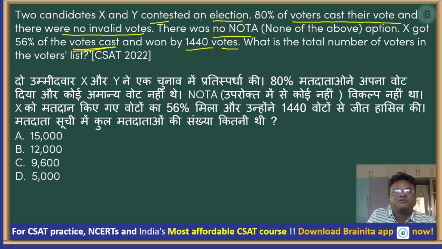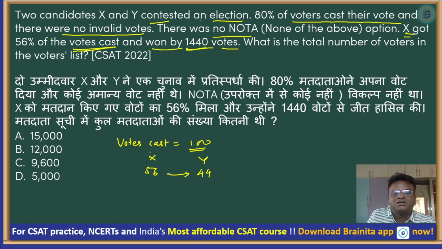Now because it is 56% of votes cast, I am going to take votes cast is equal to 100. Okay. 56% of votes cast, X got this, right? So these are the number of votes of X. That means number of votes out of 100 that Y got is 44, right? He won by 1440 votes.